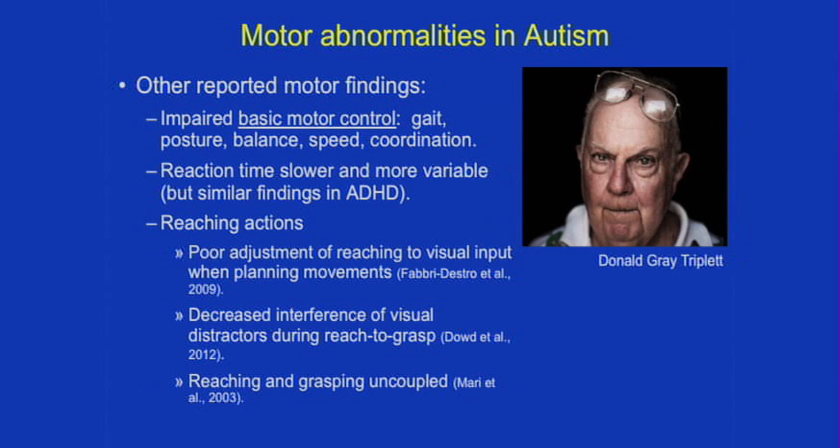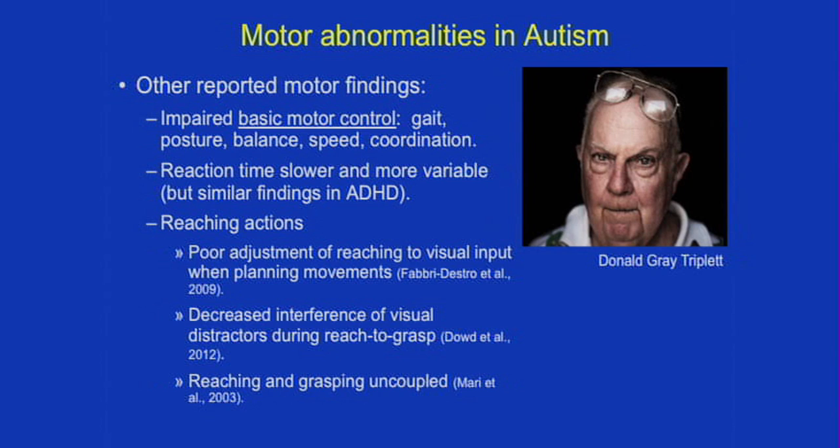The findings suggested that children with autism had poor adjustment of reaching to visual input when planning these movements. In addition, for reach to grasp, there was a decreased interference of visual distractors in children with autism, suggesting that visual input is not affecting their reach to grasp as much as in typically developing children.